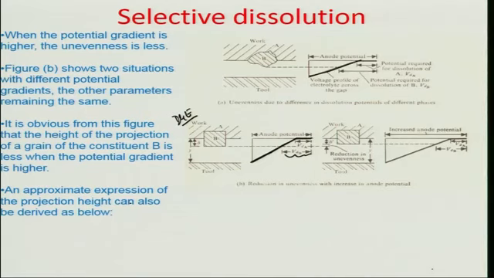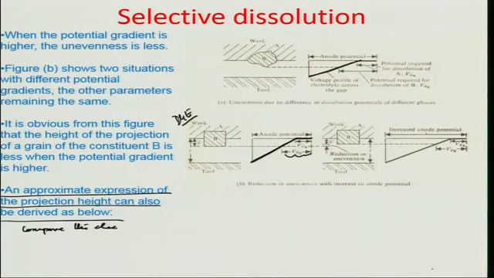So, comparing the electric fields, an approximate expression of the projection height can also be derived. Let's say we compare both the electric fields in this case. We have some potential V minus VDA by Y as the electric field, which is there from the surface A all the way to the tool surface.